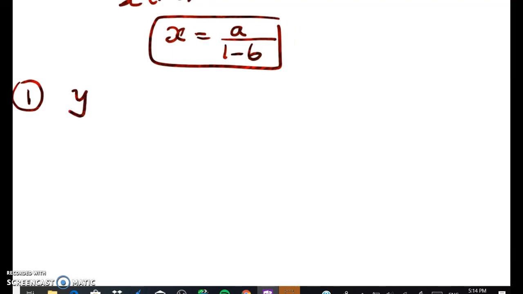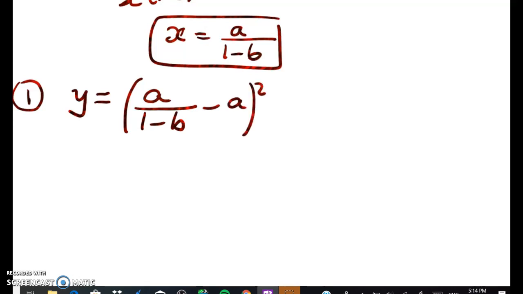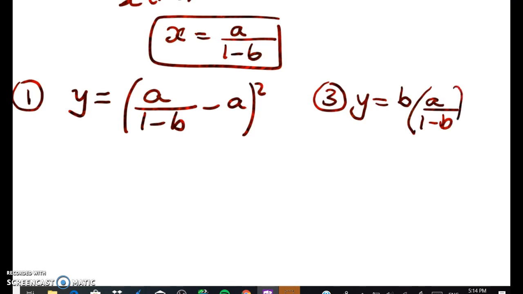So the first one has equation y equals (x minus a) squared, and equation 3 gives me y is equal to bx squared minus k.